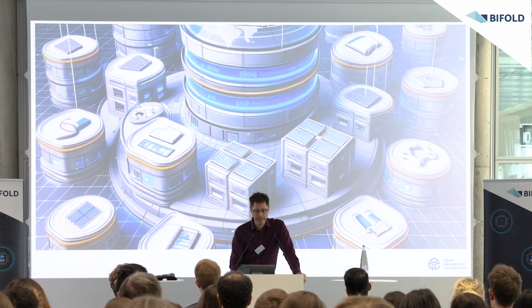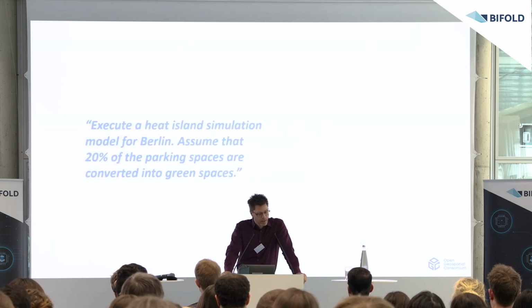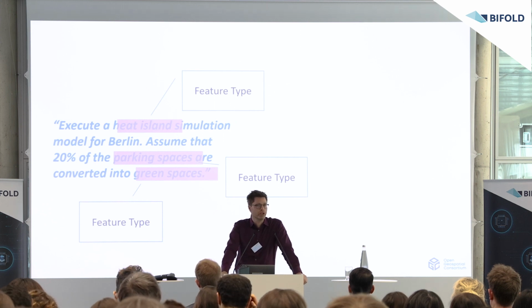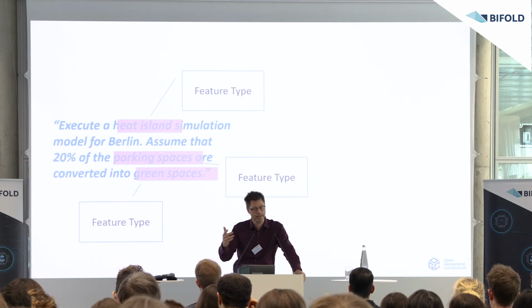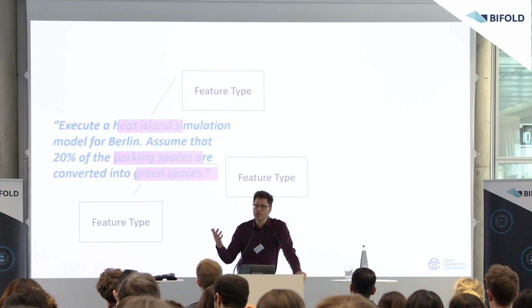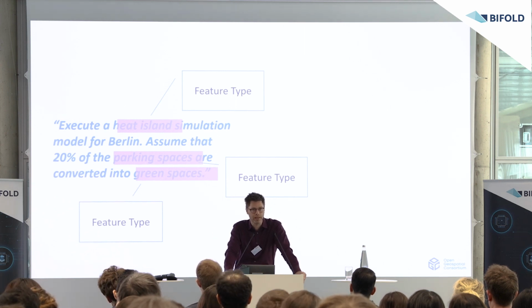So if we look at this statement again, we want to run this simulation model. Well, first, we do have these different feature types. We have heat islands, parking spaces, green spaces. And the question is, if I produce some data set, for example, about green spaces, what's my definition of green spaces?